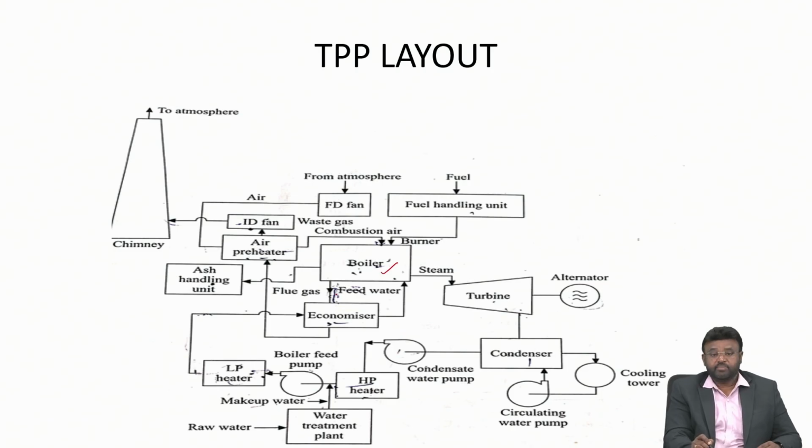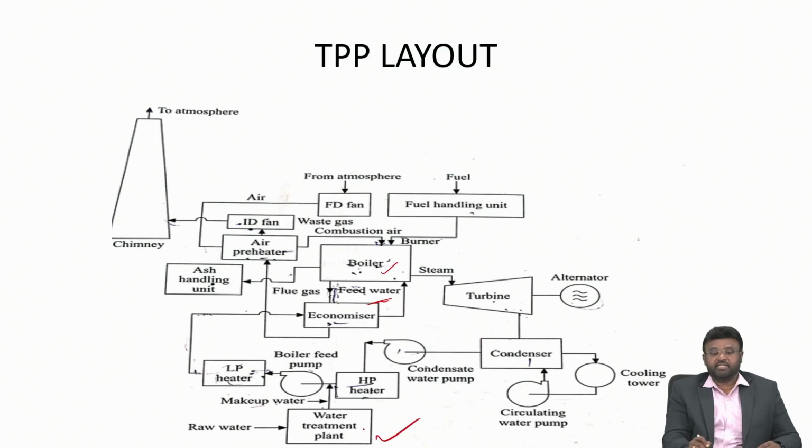So here you can observe different lines such as the feed water. This is the feed water line, and this feed water line is coming via an economizer. So this economizer is coming from a LP, low pressure heater, and here another one is HP or high pressure heater. And before that you can see a water treatment plant.